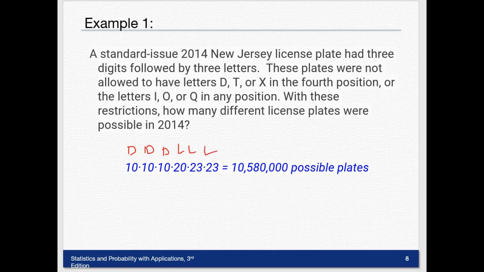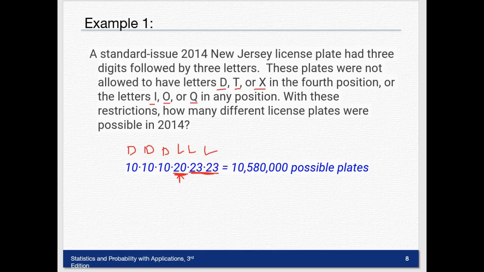These plates were not allowed to have D, T, or X in the 4th position, or I, O, and Q in any position. So I, O, and Q can't be in these spots. We take 26 and subtract 3, and that's where we get 23 for each of those. But in the 4th spot, you have to take away those other 3 letters, so that brings you down to 20 possibilities here.